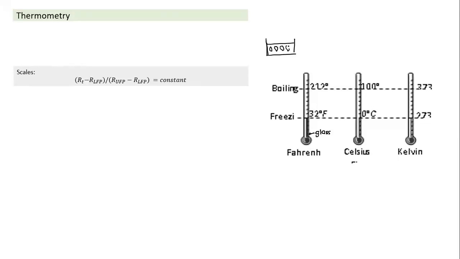If I have a mix which contains ice as well as water, both coexist. If ice and water are present together in a container which is thermally isolated, not losing heat or gaining heat, and both coexist, it implies that the temperature must be only 0 degree, because both coexist only at 0 degree.